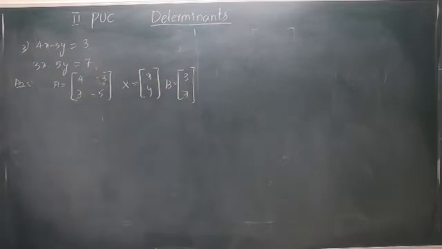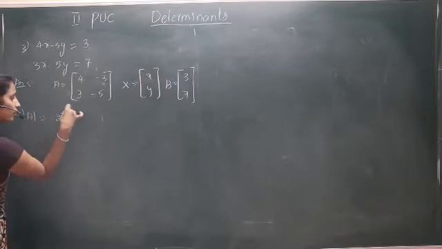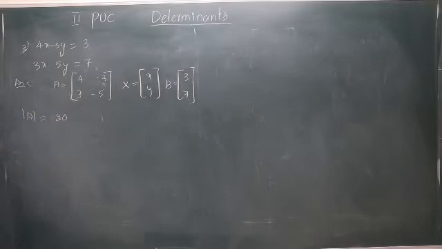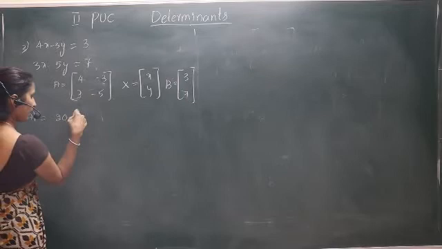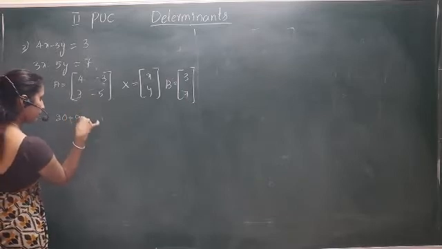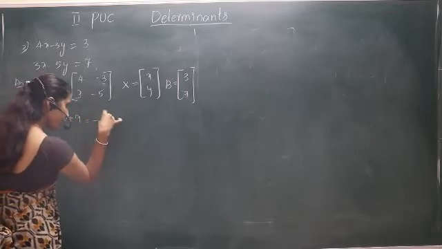Next we have to check whether it is consistent or not, so calculate the determinant value. The determinant of A is equal to minus 20 plus 9, since 3 into minus 3 is minus 9, so minus 20 plus 9. This will be minus 11.